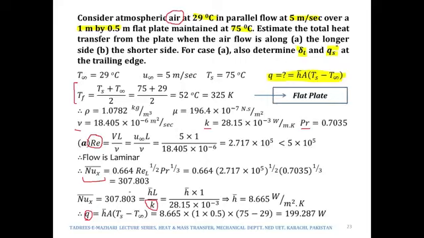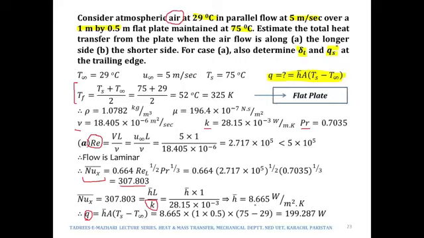By putting the values in, we get Nusselt number as 307.8. Since Nusselt number by definition is h L over K, and since it is average Nusselt number, it would be h bar times L, where the length of the plate is 1 meter, over K. K is 28.15 times 10 to the power minus 3. So we get the average convection coefficient over the entire plate as 8.665.